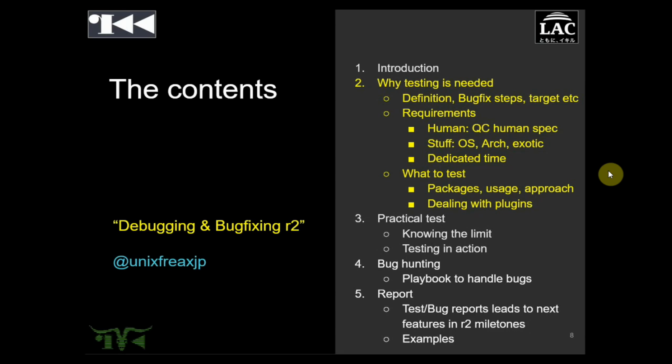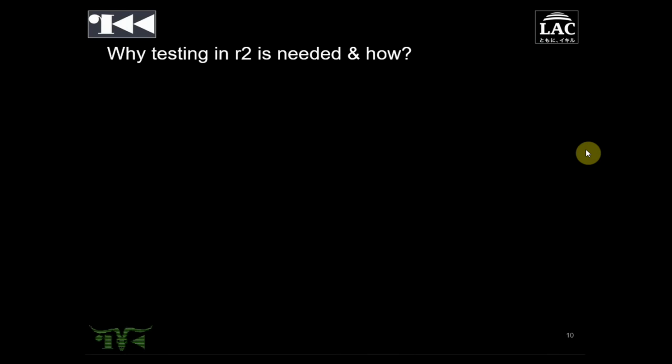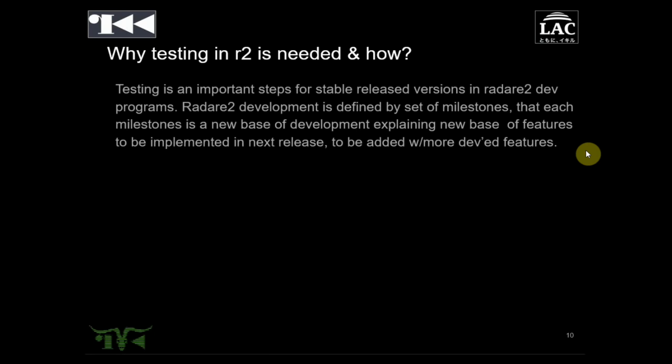So we go to why testing is needed, and how. Testing is an important step for stable release versions in Radare2 development. Radare2 development is defined by a set of milestones, and each milestone explains a new base of features to be implemented in the next release.